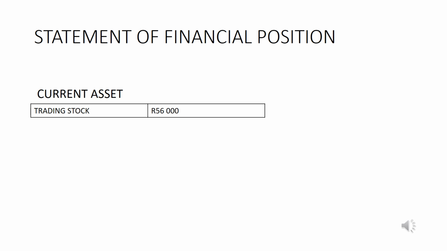When you're preparing a statement of financial position, you will also need to record or disclose your trading stock account under current assets.